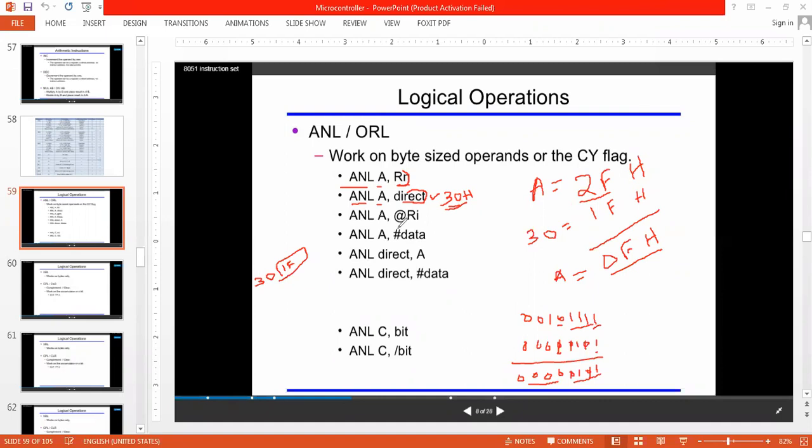So now, for the third syntax, at Ri, say R0 is equal to 30H.